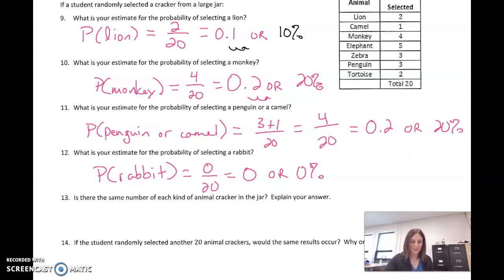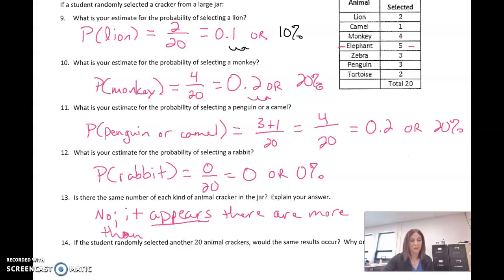Is there the same number of each kind of animal in the jar? No. If we look here, it seems like elephant is our largest one, right? So I'm just going to say it appears, but remember, this is a sample. It appears there are more elephants than anything else.